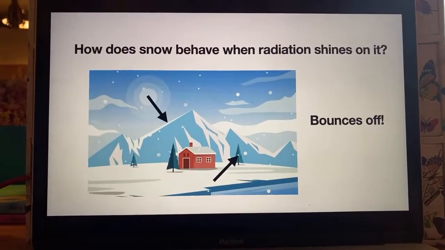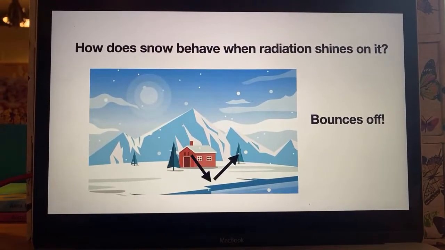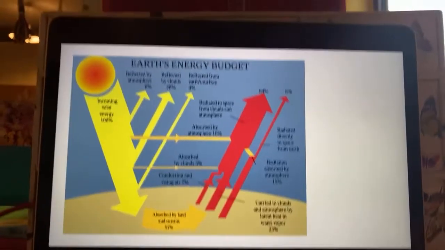Why is this related to what we're talking about next? Well, very quickly, you need to know about the balance of radiation on Earth. So obviously infrared radiation, thermal radiation, is coming to Earth from the sun, and some of it is being absorbed by Earth and some of it is being reflected.